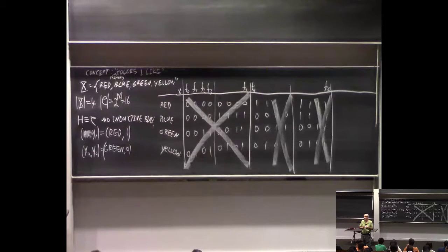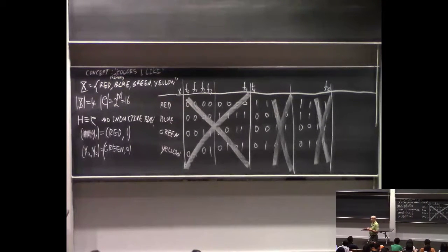Questions? Yeah? In this case, the input space is 4 because these are just independent values. But in some of the previous examples, the input space was 2 to the number of attributes, because the answer depends on a conjunction or some sort of function between the attributes. Is that right? That is correct.